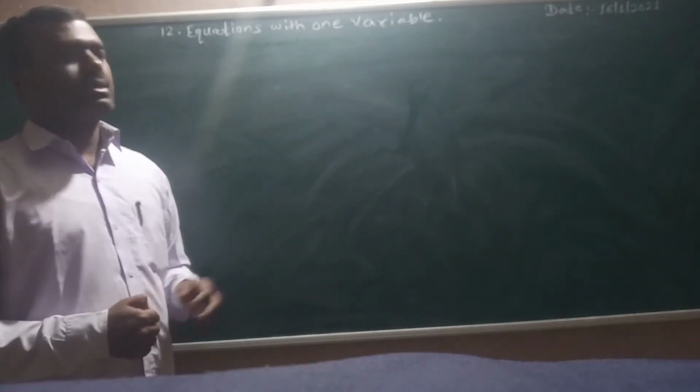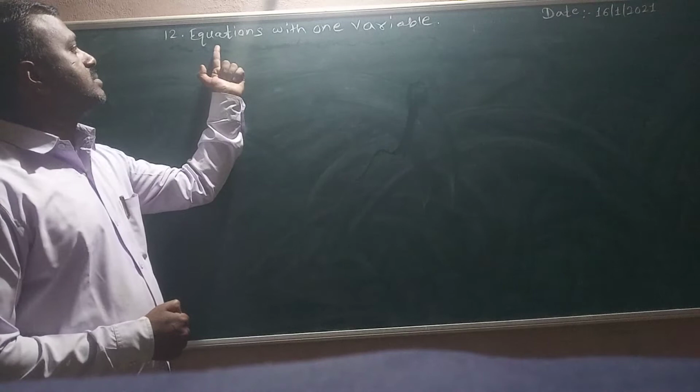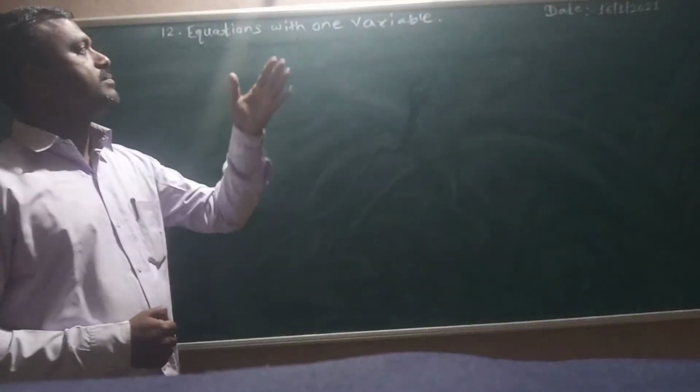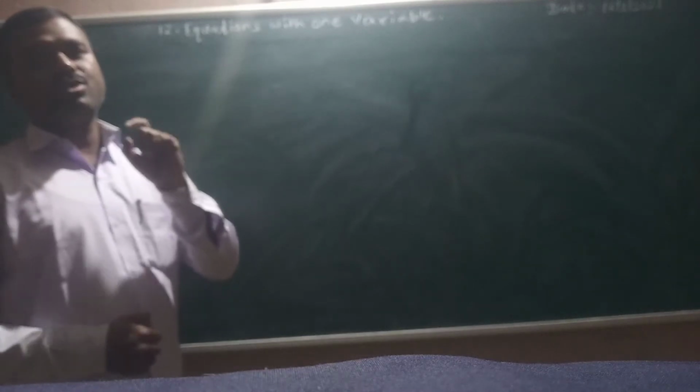The 12th chapter, equations with one variable. The meaning of this chapter is that equations means left hand side and right hand side with one variable. Variable means letter used for expressing any words in the mathematical form.